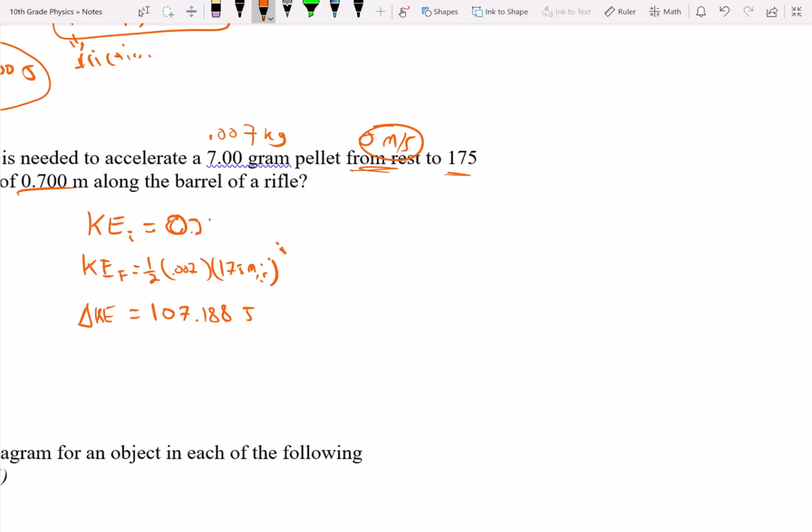Remember, change in kinetic energy is also the same thing as work, and work is the same thing as force times distance, right? A lot of physics is just connecting all the things we know, right? So this is our change in kinetic energy. We can go ahead and set it to force times distance. We want to know the force.